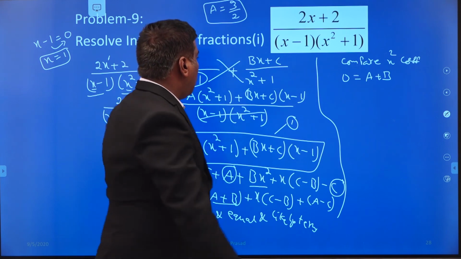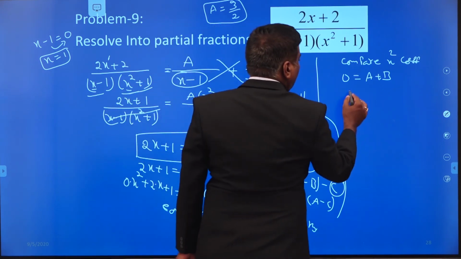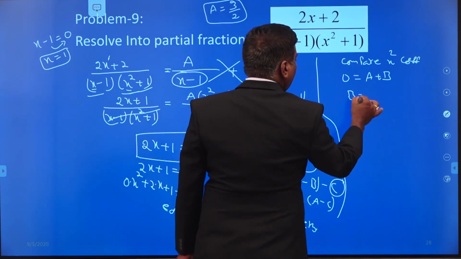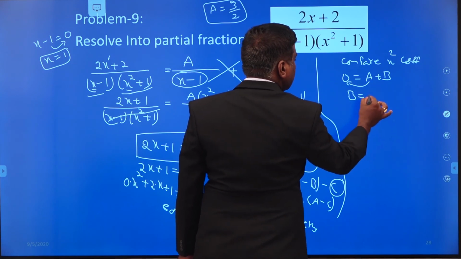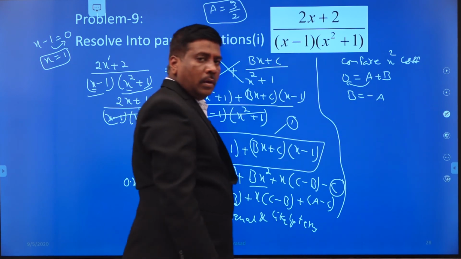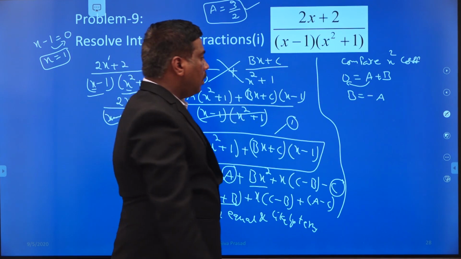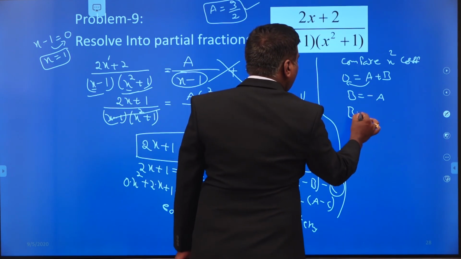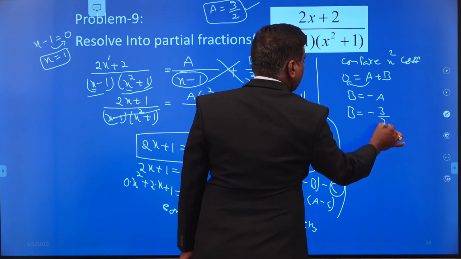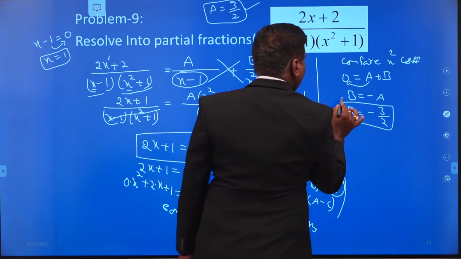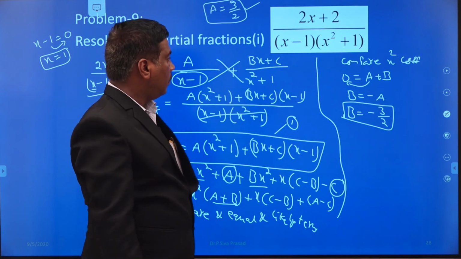Now b is equal to minus a. Here we already know the value of a is 3 by 2. Therefore b is equal to minus 3 by 2.